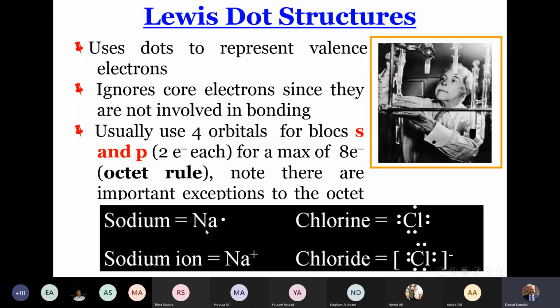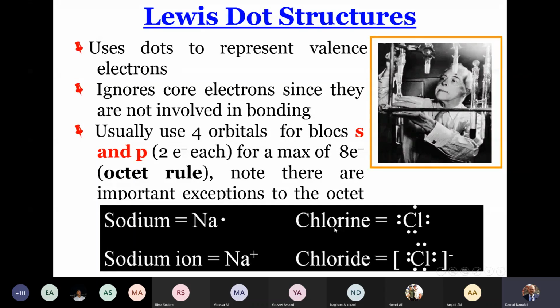So Lewis represents this sodium by Na with one dot. Pay attention, this is a notation. This is man-made, and this is not a true fact in the structure of sodium. Instead, to say that sodium has one valence electron, I can represent it by Na with 1 dot.